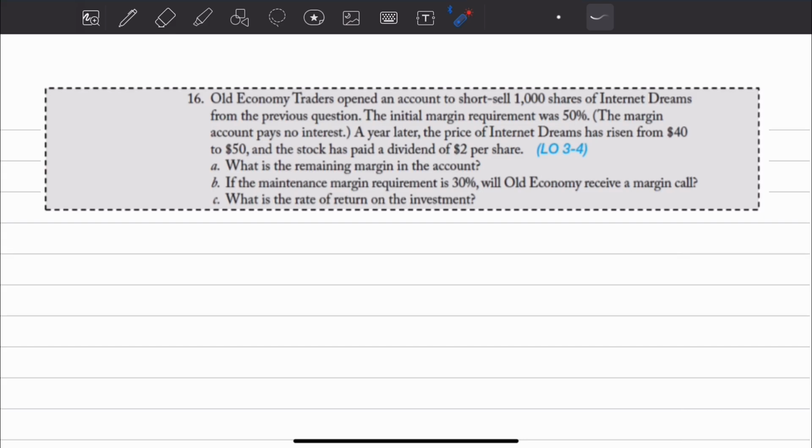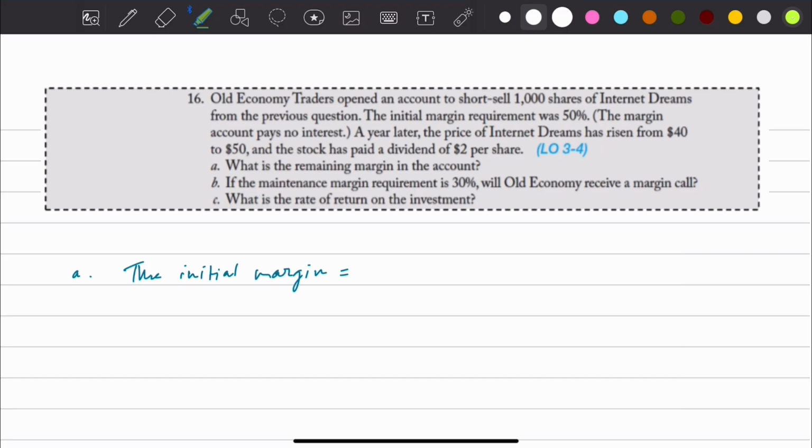Now for us to figure out the remaining margin in the account, we first need to figure out the initial margin, okay? So we'll start with the initial margin, which we can find all of the information we need to calculate in the question.